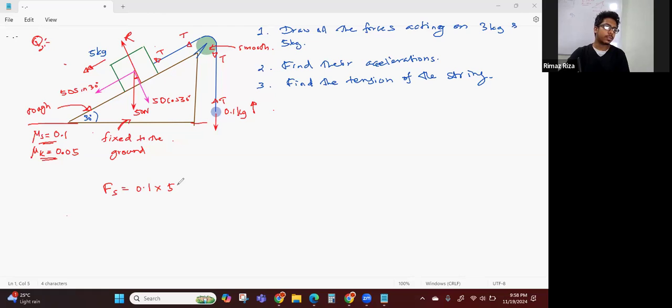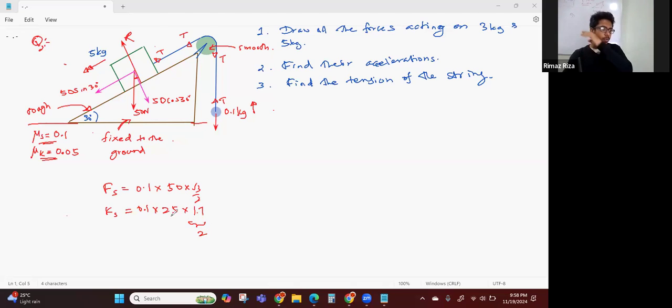50 cos 30 means 50 into root 3 over 2. So it is 0.1 into 50 divided by 2, which is 25 into root 3, which is 1.7. So this value is 25 into 1.7. Let's say 25 into 2.